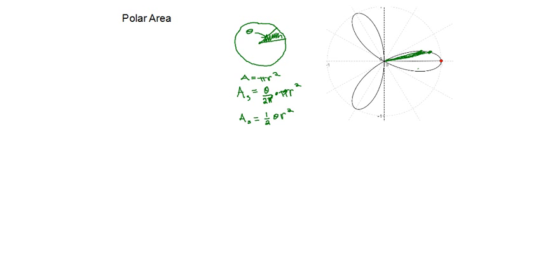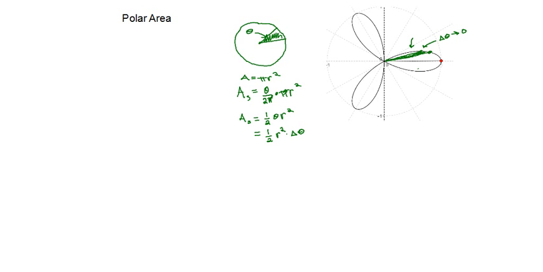And hopefully you can realize that that's a big sector, and as we take a look at our sector over here, once we start taking the area of the entire thing, that change in theta is going to be going to 0. We're going to make it as small as possible. We're going to have an infinite number of sectors, and then we're going to add them all up. And to help you see this next step, I'm going to rewrite this as 1/2 r squared times delta theta.